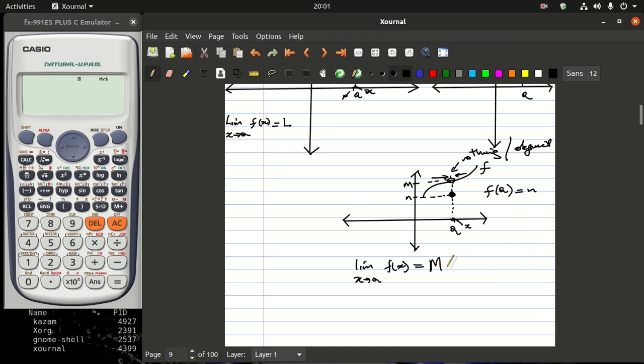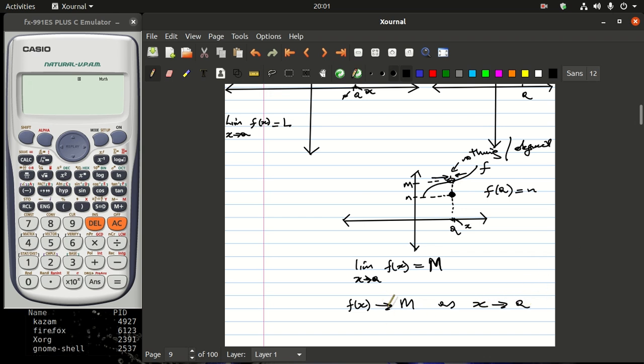So that is actually the limit, right? In other words, m is the limiting value of f of x as x approaches a. This arrow here is saying x is approaching a. And sometimes we just say f of x is approaching m as x approaches a.